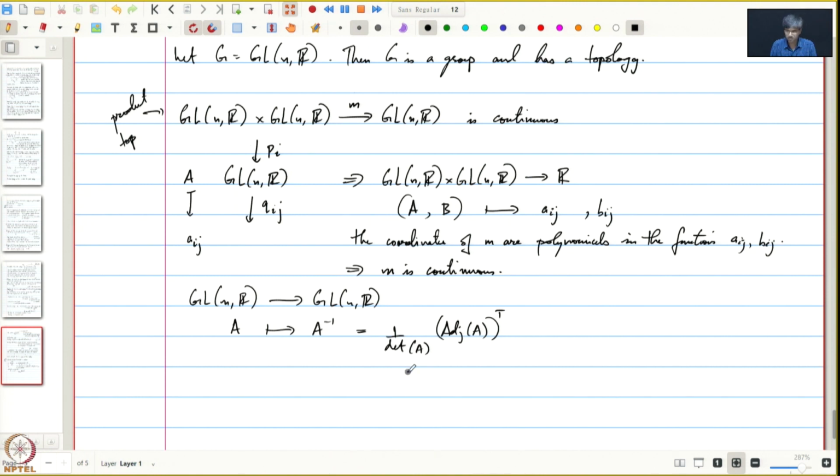So 1 upon determinant is a continuous function, and in the adjoint of A transpose, each of the coordinates is a continuous function in the coordinates of GL_n(R). Therefore the product is a continuous function. The inverse is continuous, so this implies that GL_n(R) is a topological group.